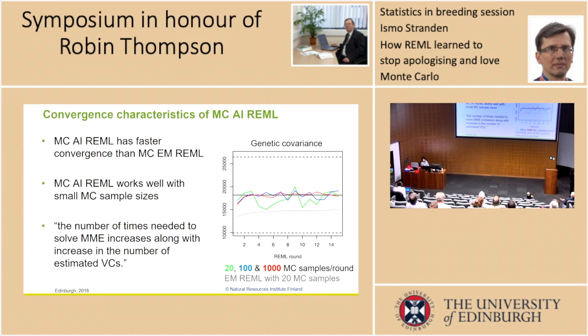So how does the AI REML with Monte Carlo behave? It behaves a little bit better, it seems, than the EM-REML. The round-to-round changes are quite small, and the convergence is quite rapid, with similar variation by sampling.